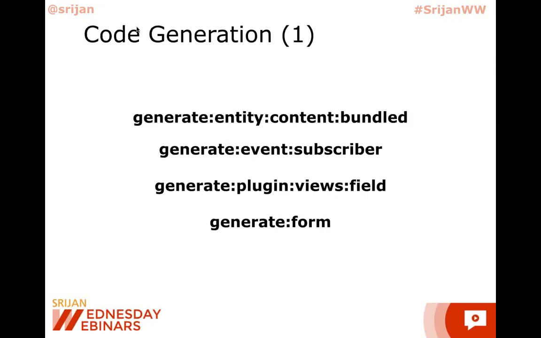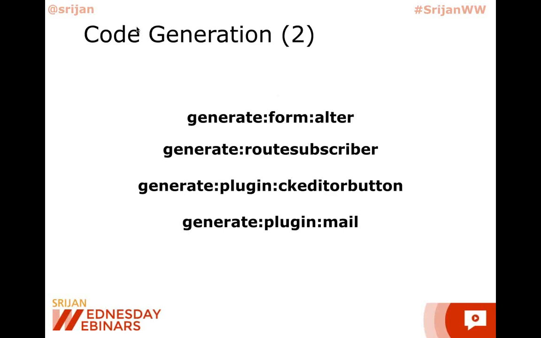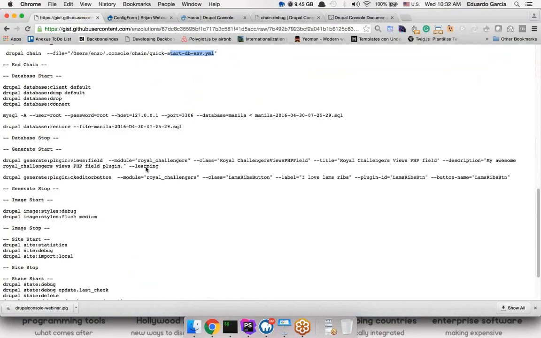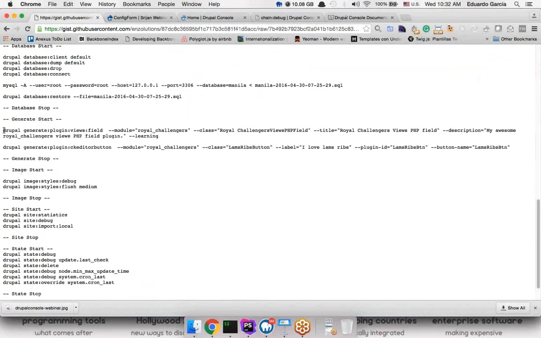For code generation, since the previous presentation, we have a lot of new generators. This is a small list, but I want to show you a couple of things that maybe are really interesting for everybody. The first one is generate plugin views field.